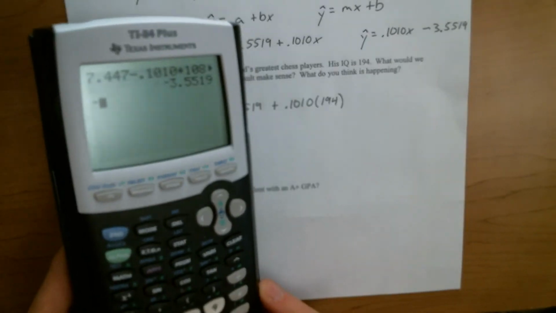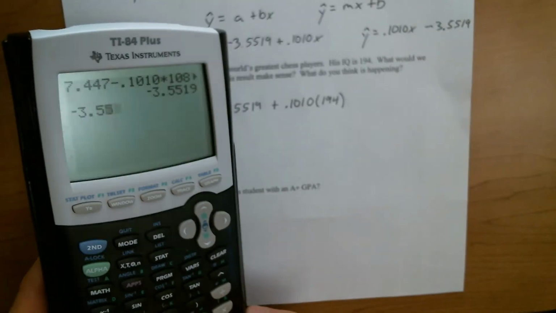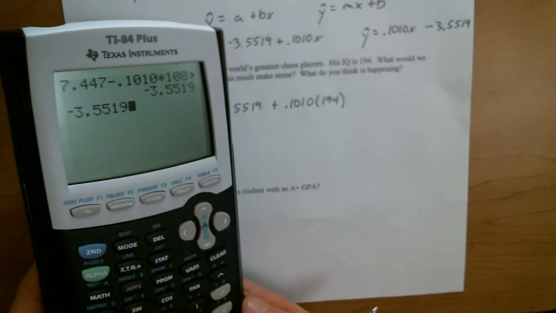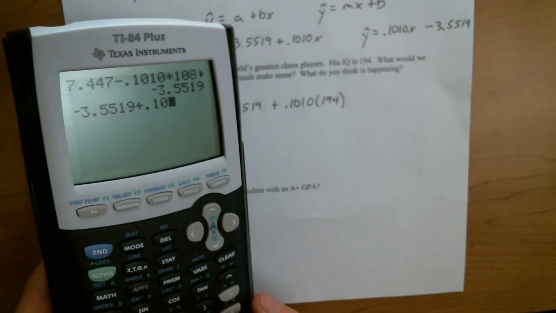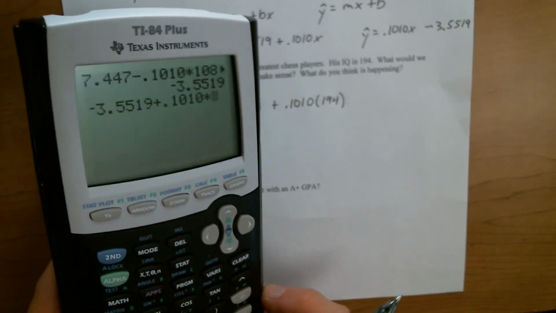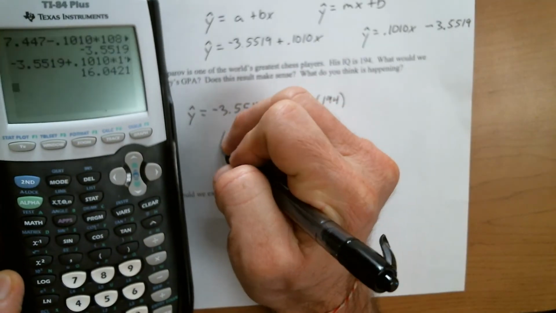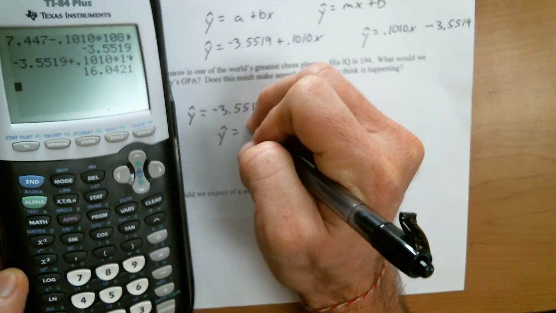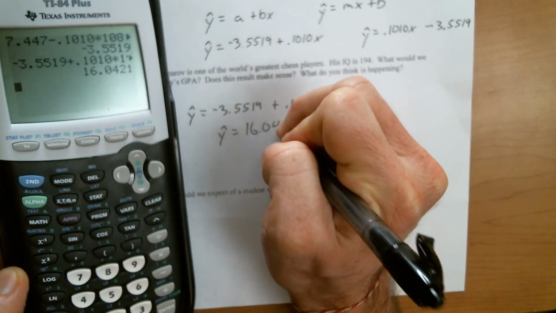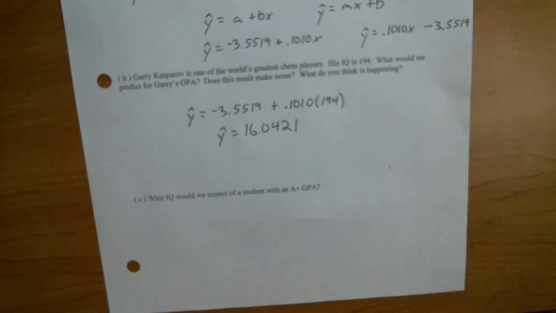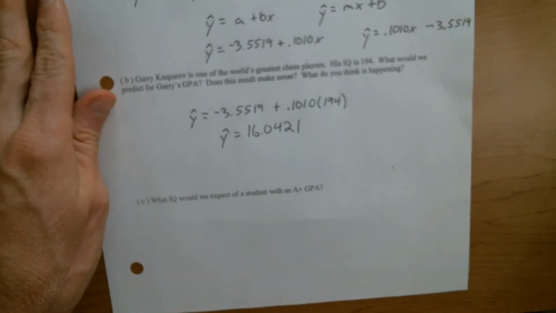So negative 3.5519 plus 0.1010 times 194 gives us a predicted y of 16.0421. Now, does that result make sense?